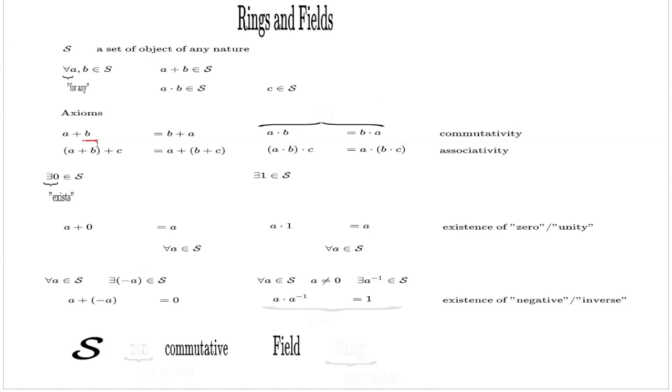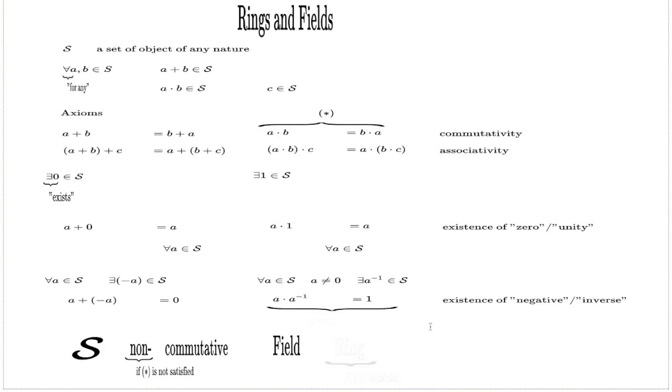Plus is always commutative, but for many fields, times is not commutative, and in this case, you call your field non-commutative. So you call your field non-commutative when the property star is not satisfied.